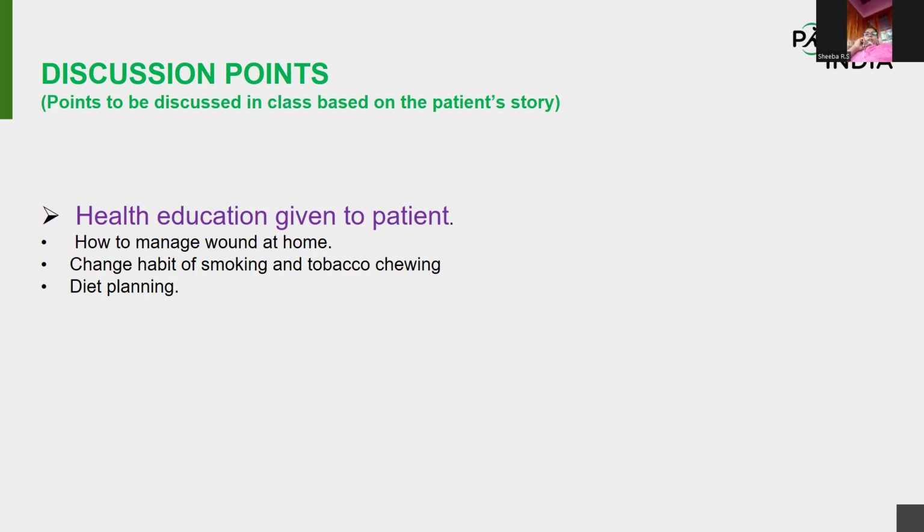So from the beginning onwards, we were discussing the total care: physical, emotional, social, and spiritual, because this is a non-healing ulcer. So this patient needs proper care. Try to control the physical problems, but at the same time give proper attention to the psychosocial and spiritual aspects also.